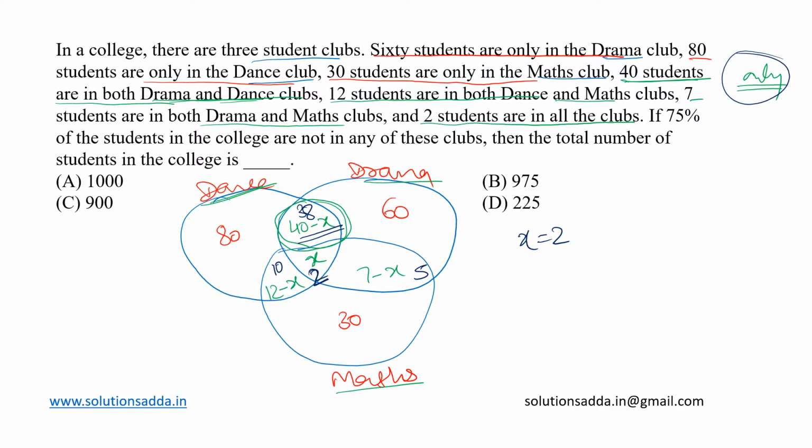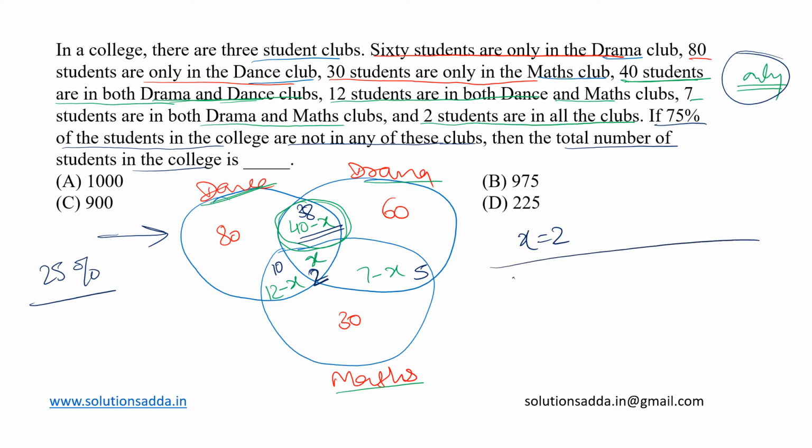So now finally they are saying if 75% of the students in college are not in any of these clubs, then the total number of students in college will be. So now we get the fact that whatever students are present in this particular Venn diagram make up only the 25% of the college strength. So let us add this up and see what is the strength we are getting. 80 plus 60 plus 30 plus 38, 10, 5 and 2.